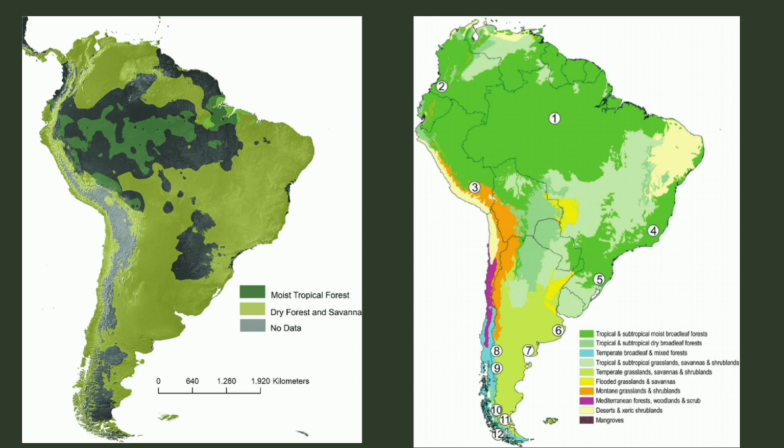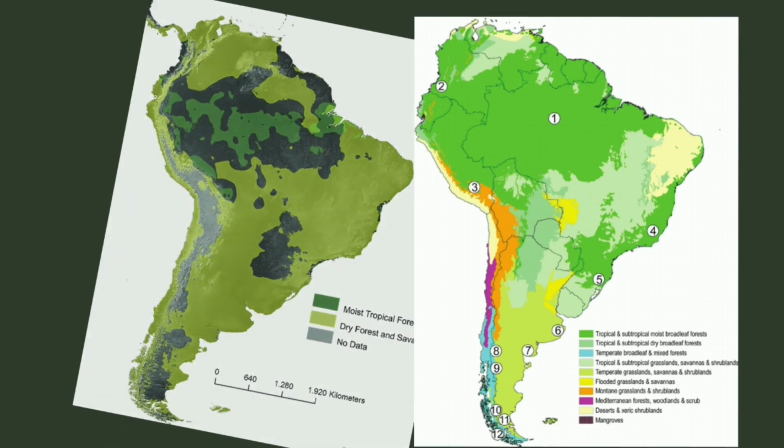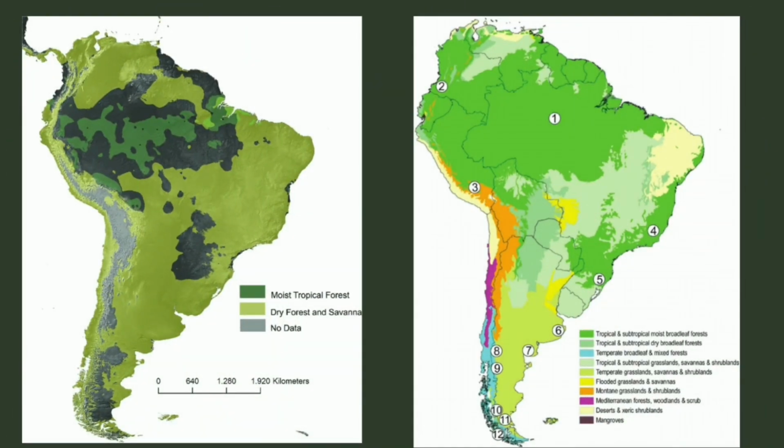Sa right side naman makita nato diri ang sa Brazil kay tropical and subtropical moist broadleaf forest. Parehas lang gihapon diri sa Brazil, Venezuela, Colombia, Ecuador. So mostly tropical and subtropical moist broadleaf forest sila.